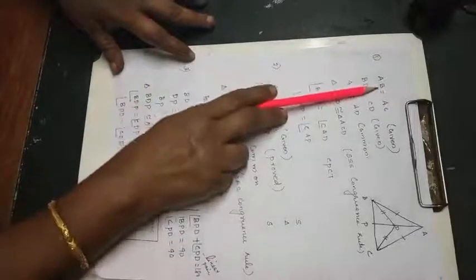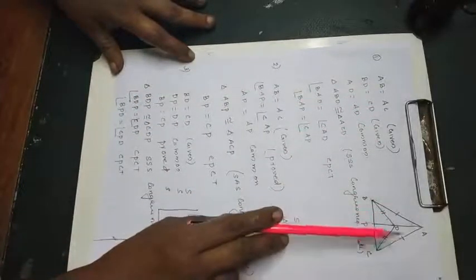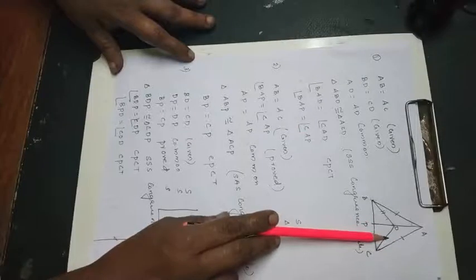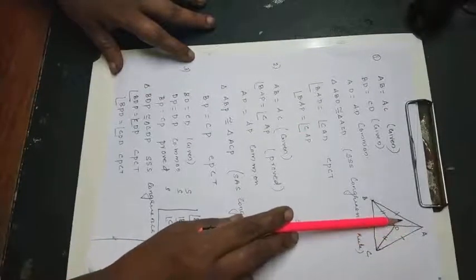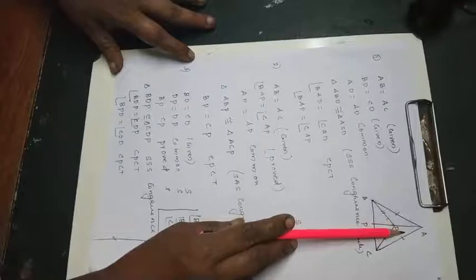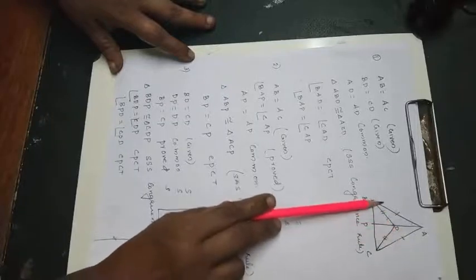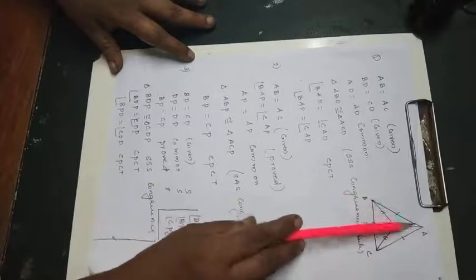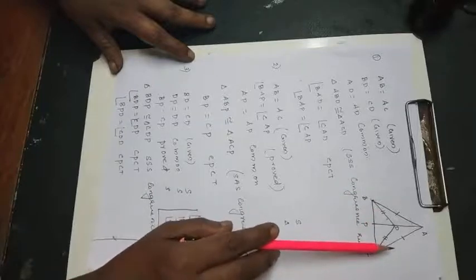So how did we start? First one, AB equal to AC, BD equal to CD, then AD is common, by SSS these two triangles are congruent. Now the second part, the bigger triangles we took, ABP and ACP.